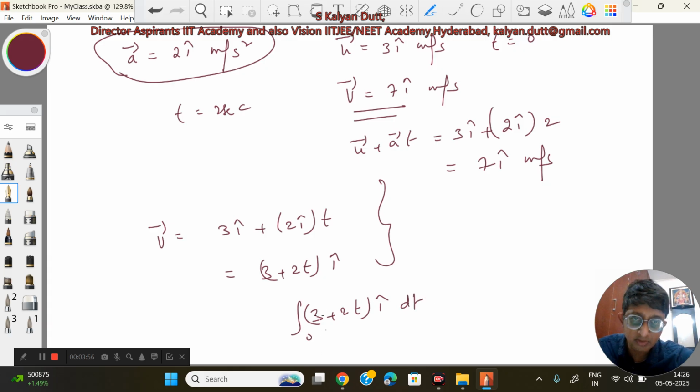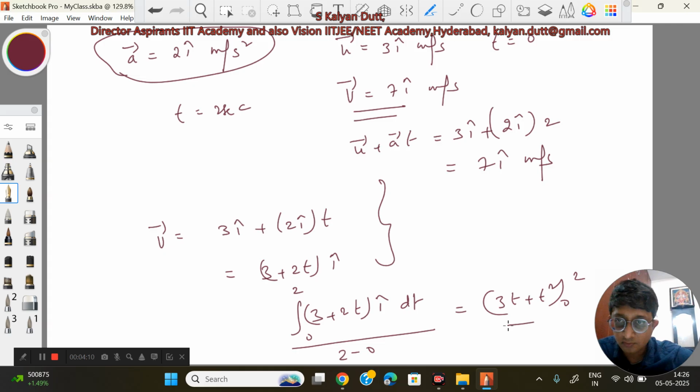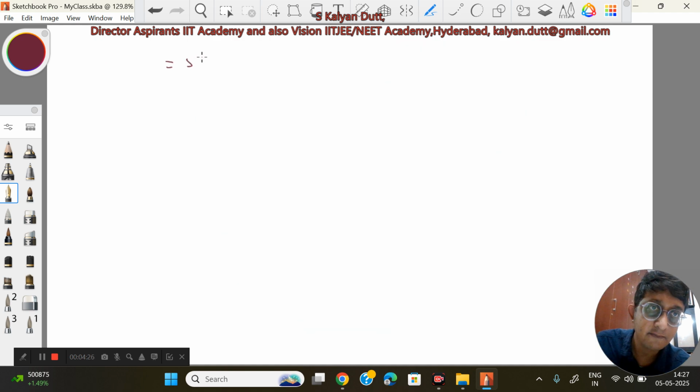When you are integrating, you must write velocity at time t, and I want from 0 to 2 seconds, divided by time interval. So that gives me 3t plus t square from 0 to 2, by 2, i, which gives me 6 plus 4 by 2 i, or 5i. So you got that as average velocity.